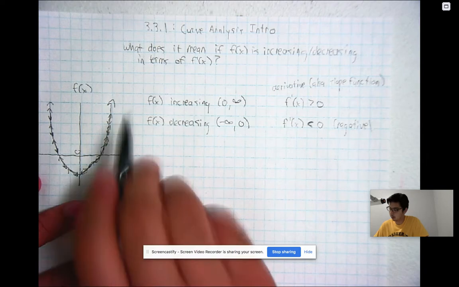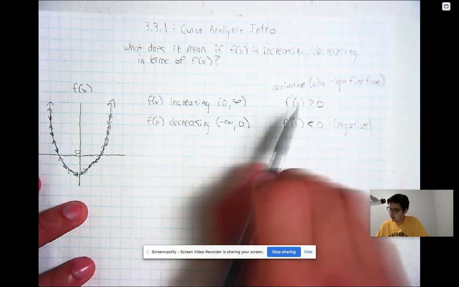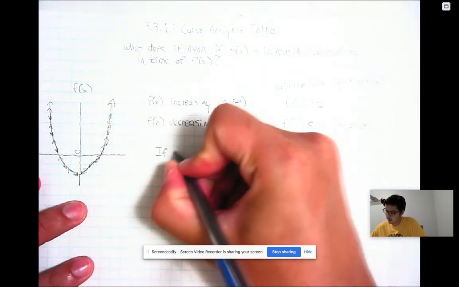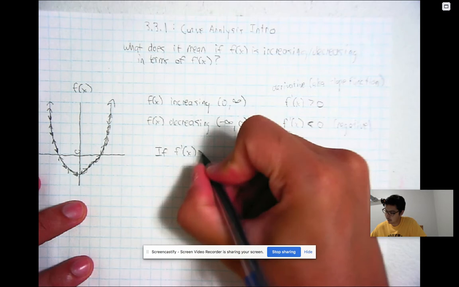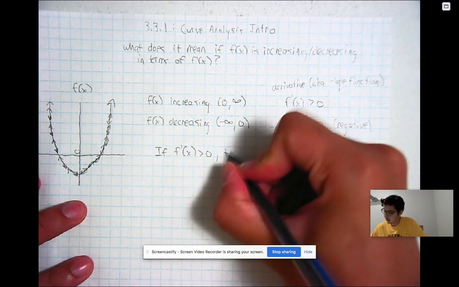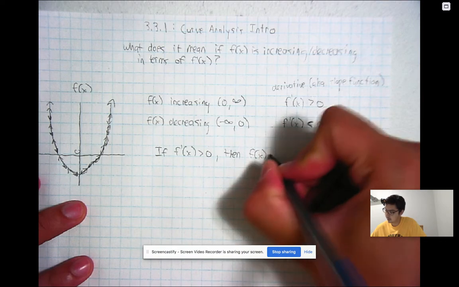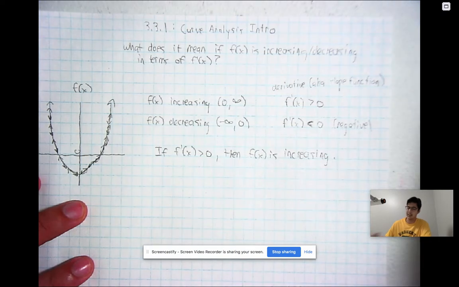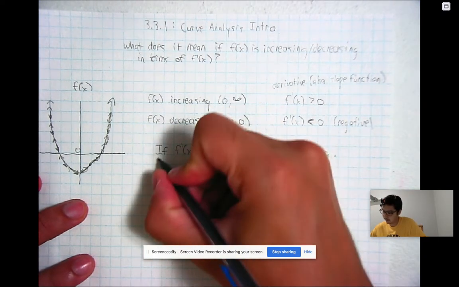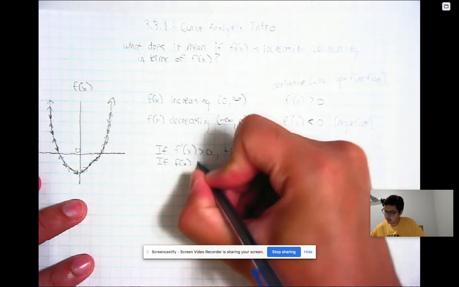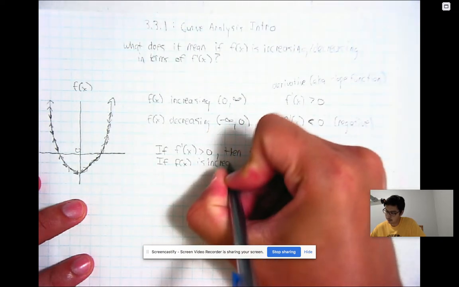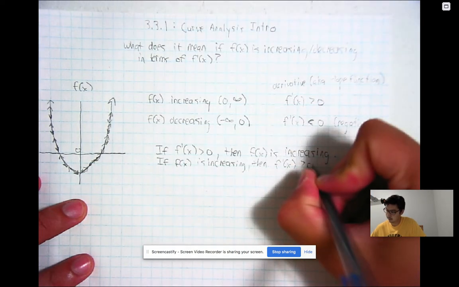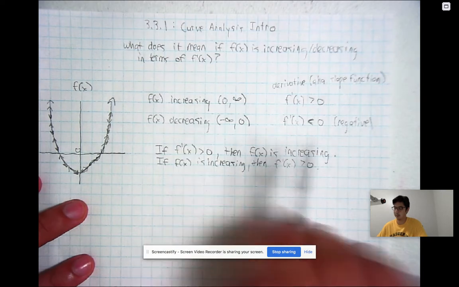So what does that mean here? Notice that f of x is increasing on 0 to infinity, and f prime of x is positive. So if f prime of x is positive, then f of x is increasing. And it works the other way around too: if f of x is increasing, then f prime of x is positive. The same is true for decreasing and negative.